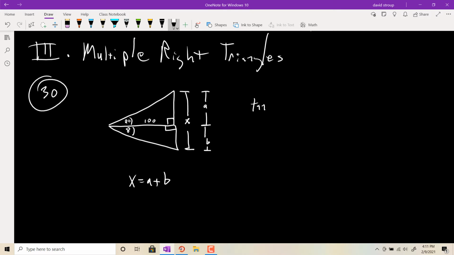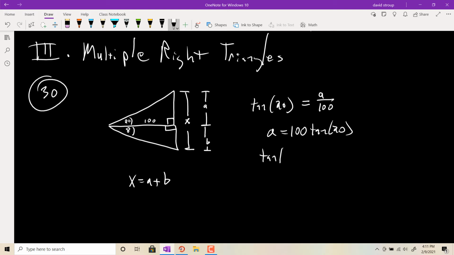Again, I could probably get away with the tangent. The tan of 20 degrees for the first right triangle, the top triangle, will be equal to opposite, which is just little a, all over adjacent, which is 100. Multiply both sides by 100, and you end up with a equaling 100 tan of 20. Then for the second triangle, I can use tangent again.